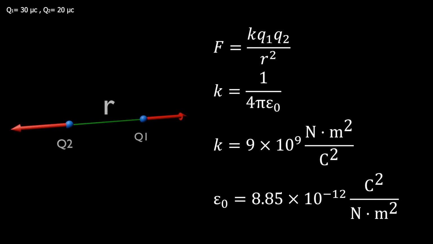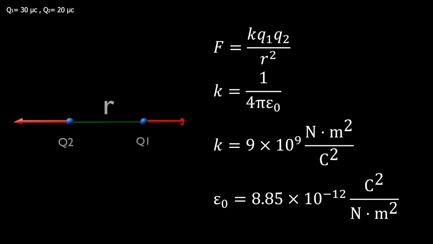The mathematical expression for Coulomb's law is F equals K times Q1 times Q2 divided by R squared. K is the proportionality constant, which is equal to 9 times 10 to the power of 9 and has a unit of Newton meter squared per Coulomb squared.